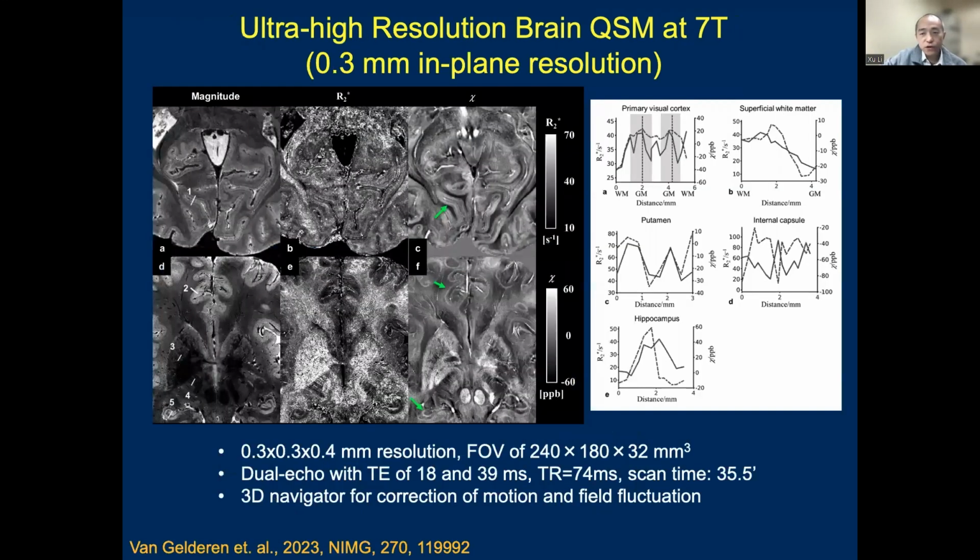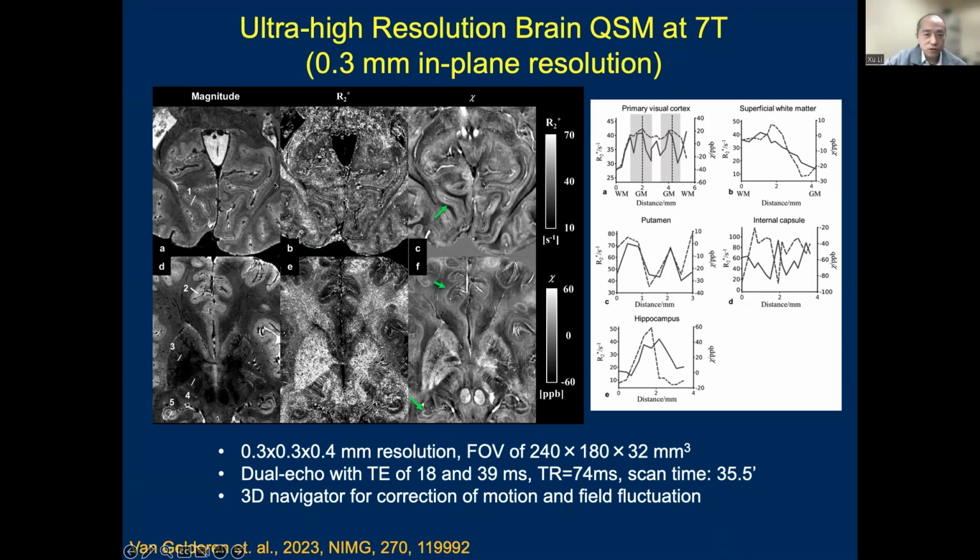And if you can effectively correct the motion and the field fluctuation related to physiological noise, such as breathing, using some advanced navigator correction, for example, we can further push the resolution, as shown in this recent collaboration with John Liu at UT Southwestern.